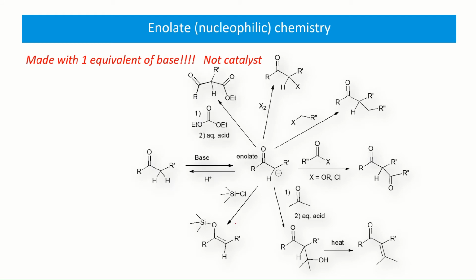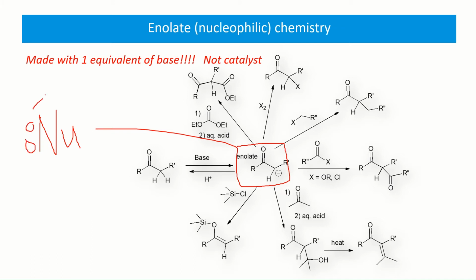We're working with an enolate, and what I want you to envisage is that this enolate is just a complex nucleophile. If you envisage it like that, then there is going to be no change in that structure. All that's going to happen is that you're going to bond an electrophile to your carbon.